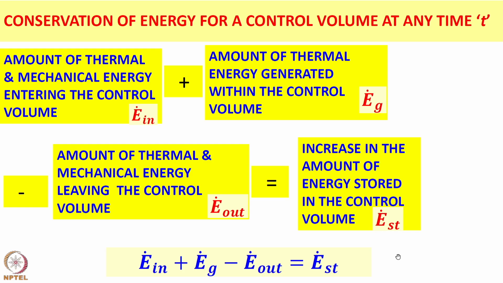For example, this is a very pertinent simple example: E dot in minus E dot out plus E dot generated is equal to E dot stored. This is your energy rate basis equation. So, every term is in watts or joules per second, and this is energy coming in.